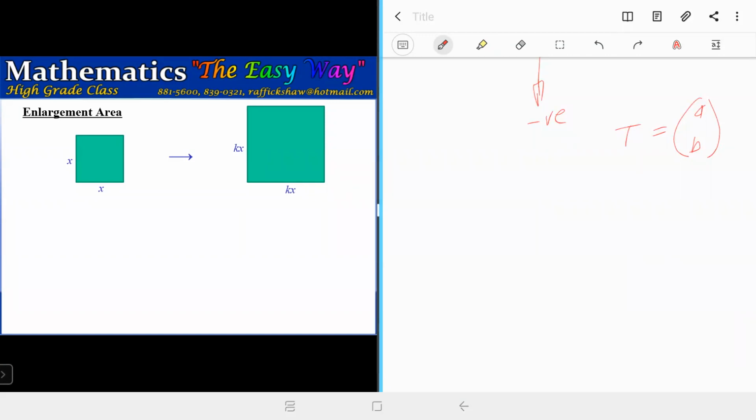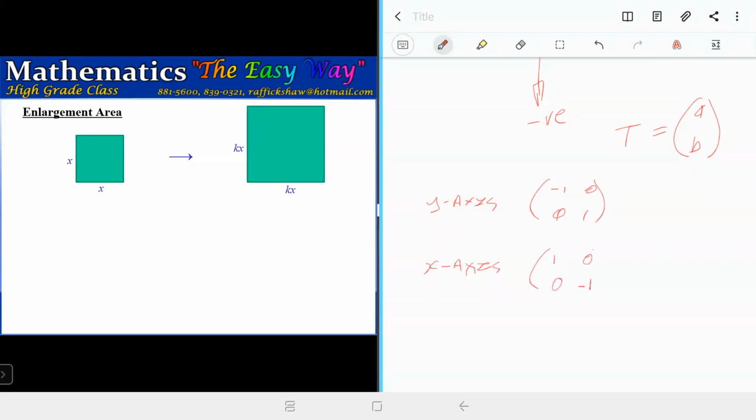For example, you must know the y-axis reflection matrix, the one with the first negative one in it: negative 1, 0, 0, 1. You need to know that matrix. If you can remember that one, then it's easy to remember the x-axis reflection matrix: 1, 0, 0, and the negative 1 is down here now.